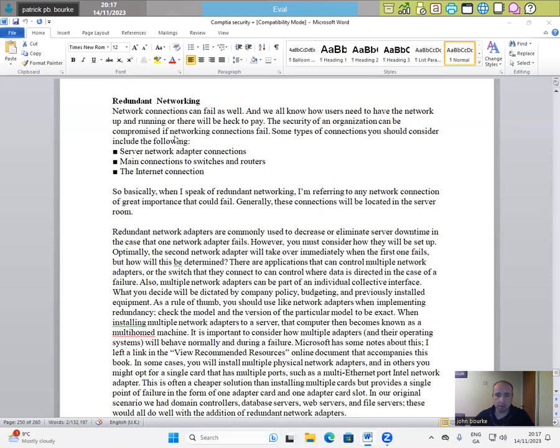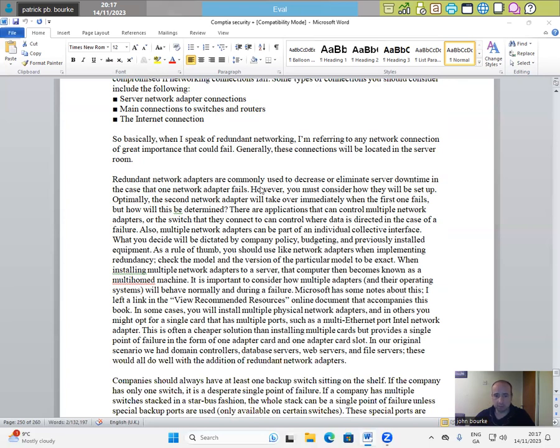The security of an organization can be compromised if the networking connections fail. Some types of connections you should consider include the following: server network adapter connections, main connections to switches and routers, the internet connection. So basically, when I speak of redundant networking, I'm referring to any network connection of great importance that could fail. Generally, these connections will be located in the server room.